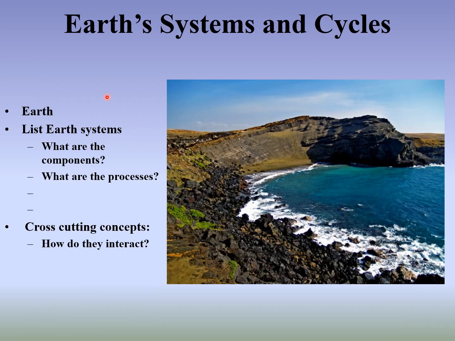So, Earth systems and cycles. Normally, if we were in an in-person setting, this is where I would ask you questions, but I want you to think about the Earth and the systems I just talked about, and think about what some of the different components of each of those systems are. What types of things would be present in the hydrosphere?